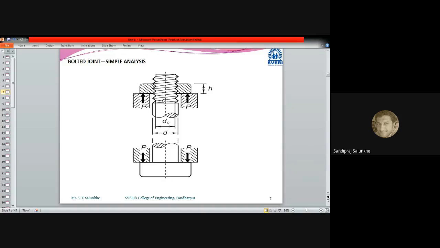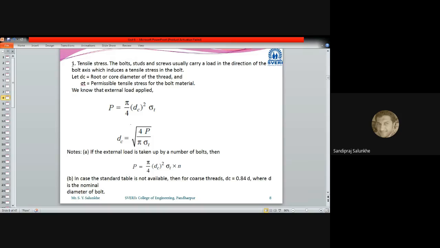So here the bolted joint which is shown undergoes an externally applied load P. Now we are going to imagine which types of stresses may get induced in this bolt.